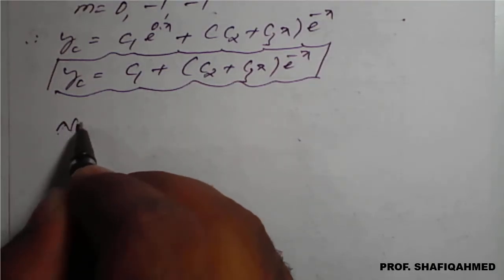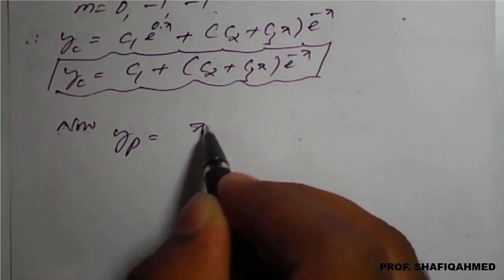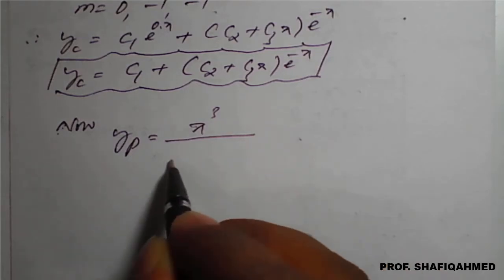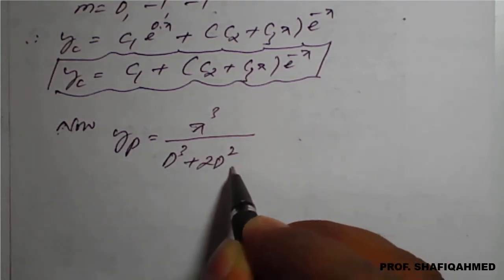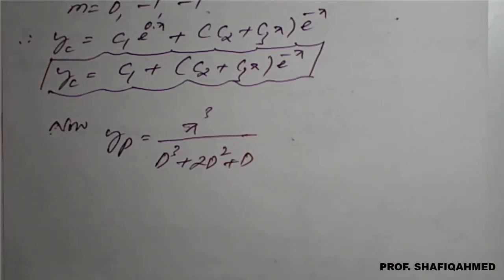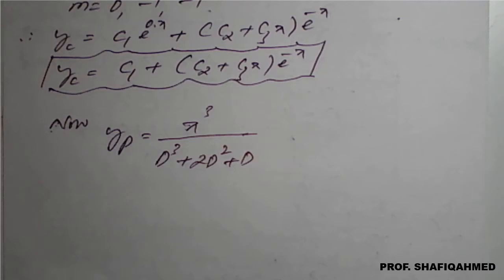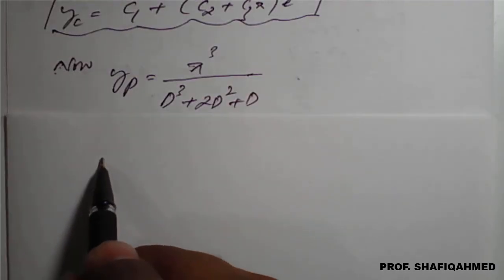So yp is equal to x cube divided by d cube plus 2d square plus d. By using the long division method we can go for yp, and from this long division method we are going to get the particular integral.